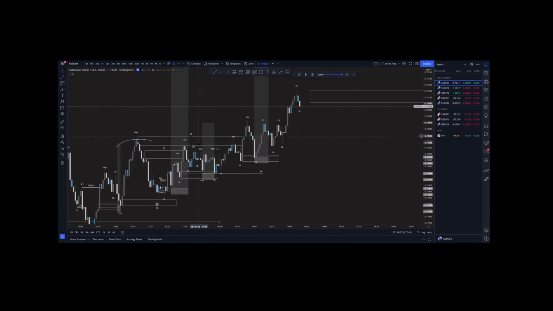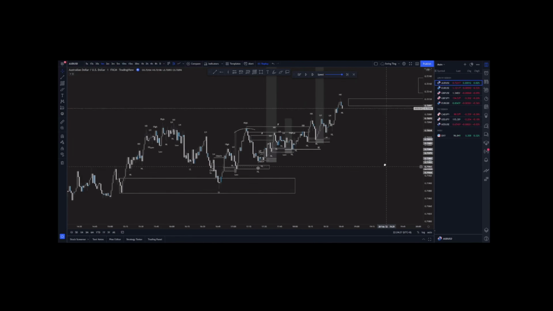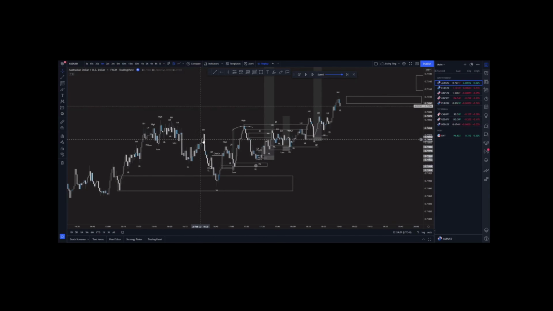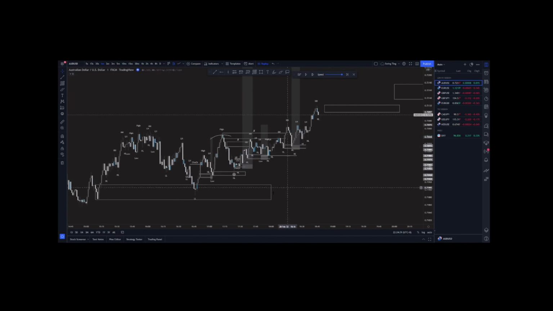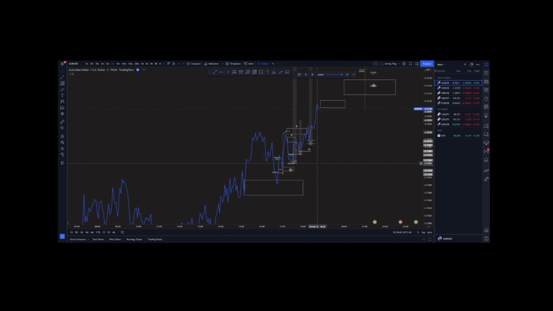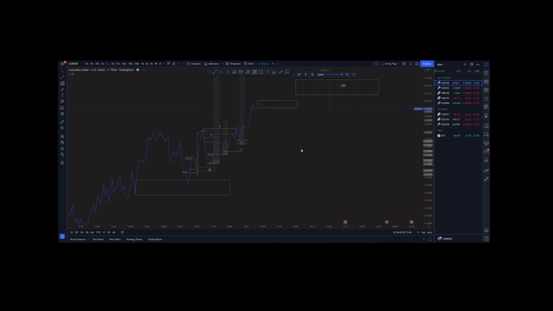We have the supply zone being broken, and that also tells us that, look, first supply zone broken here, this one was respected, pushed down, broke the supply zone, continued forming higher highs, and we continued pushing up. Okay, so essentially, if you look on the line graph, this is a prime example of how your continuation trades will look.